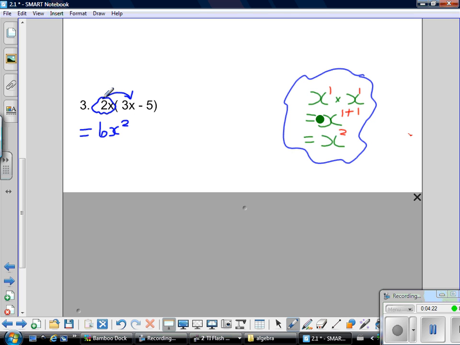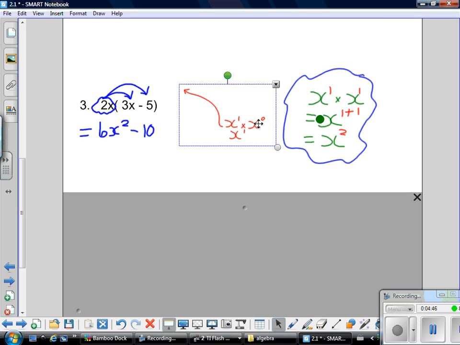And now what I'm going to do is go 2x times a negative 5. Now again, the 2 times the negative 5 is a negative 10. I have no problems about that. But what about the x? The 5 doesn't have an x with it. Well, it kind of does. It's actually like an x to the 0, which would be 1. So when we multiply, x to the power of 1 times x to the 0, add the exponents, it would just be x to the 1.